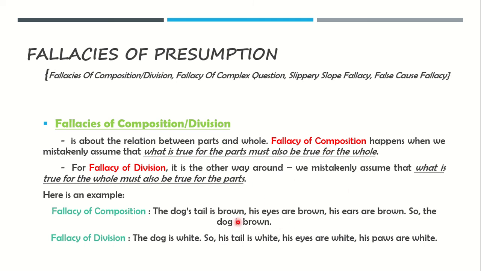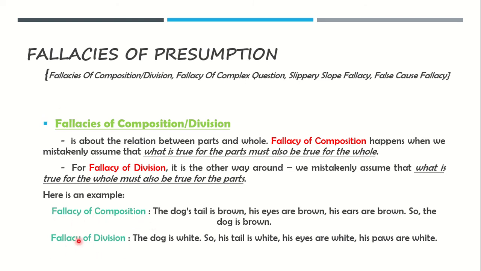I have here another one. Hydrogen is not wet. Oxygen is not wet. Therefore, H2O is not wet. We're trying to make assumptions based on each of the single components. That is the meaning of the fallacy of composition.